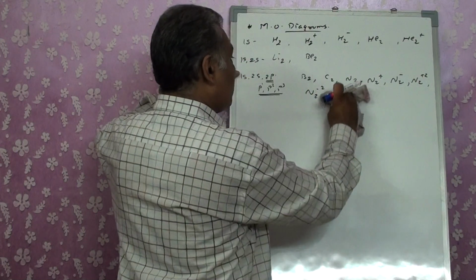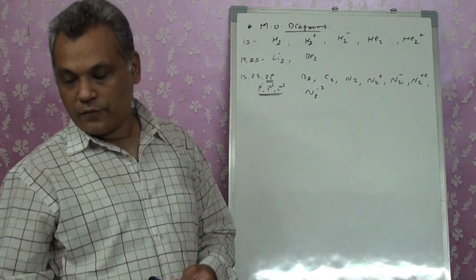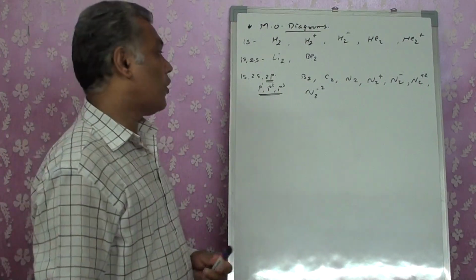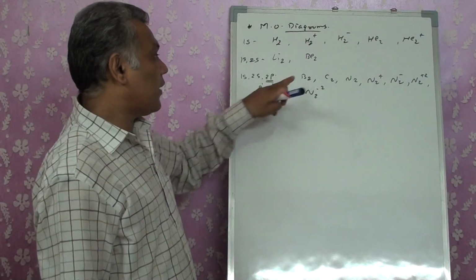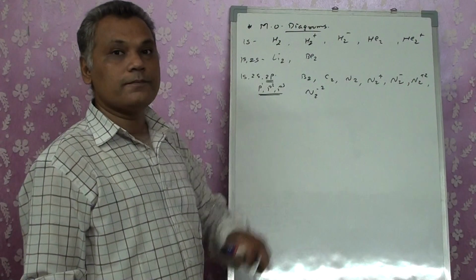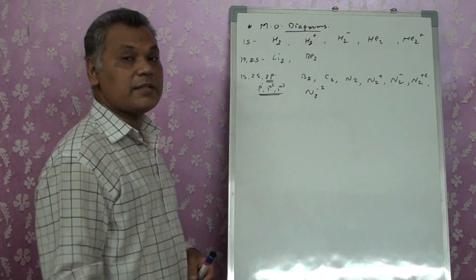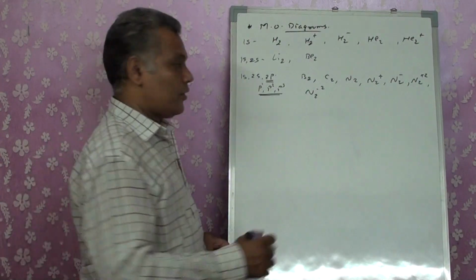All of them have 2p1, 2p2, 2p3 in their electronic configuration. So p is within 1, 2 or 3.